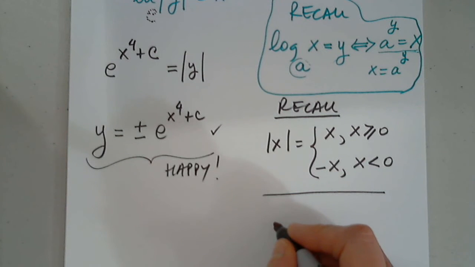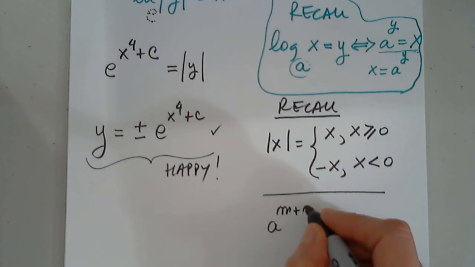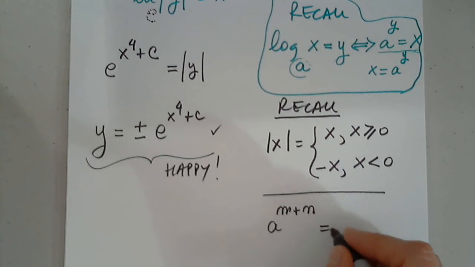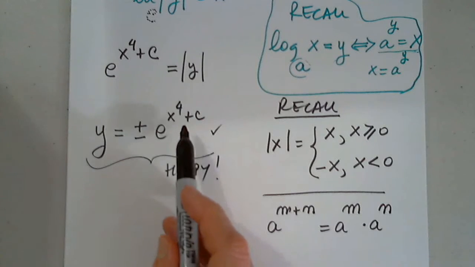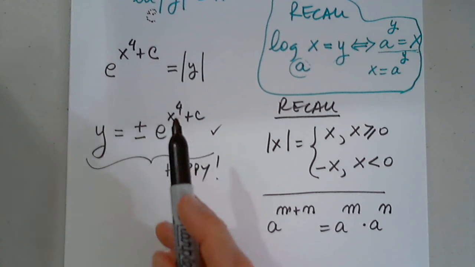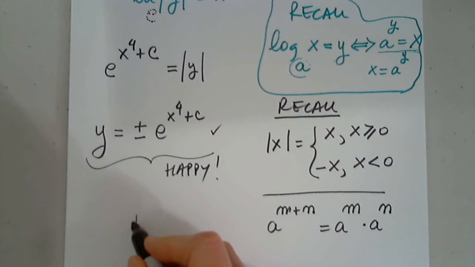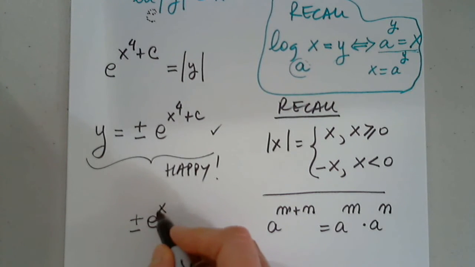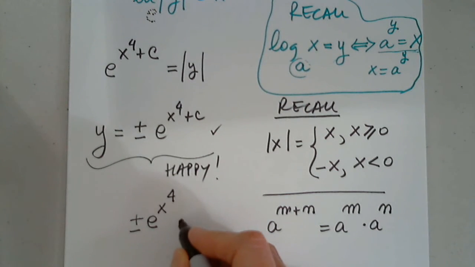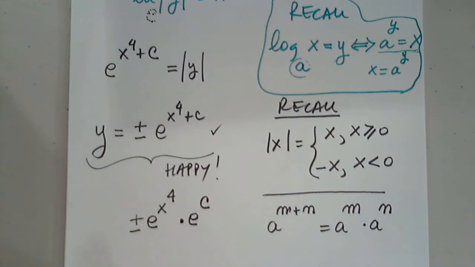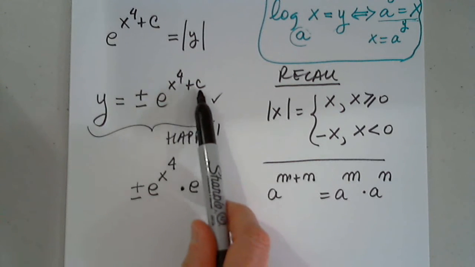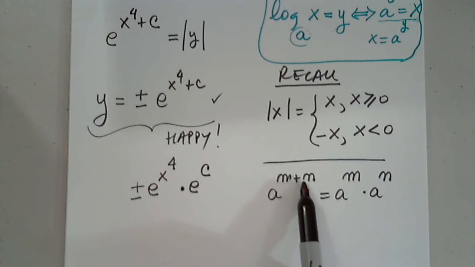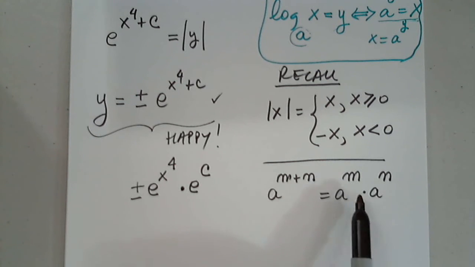Another recall. a to m plus n is the same as a to m times a to n. So I have an addition here. I can rewrite this expression as plus or minus e raised to x to the fourth multiplied by e raised to c. So I have a base raised to a sum. A base raised to a sum is the same as a raised to m times a raised to n.